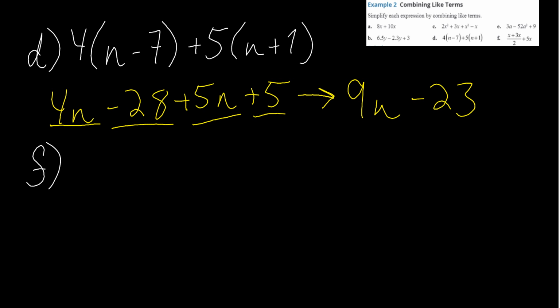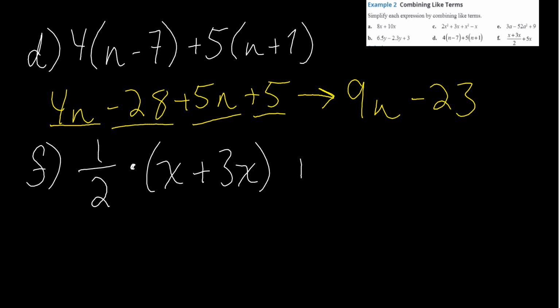We know that we can essentially rewrite this as 1/2 times x plus 3x, and then that's plus 5x. Okay, so all we did was take that fraction out, so it's 1/2 times that.